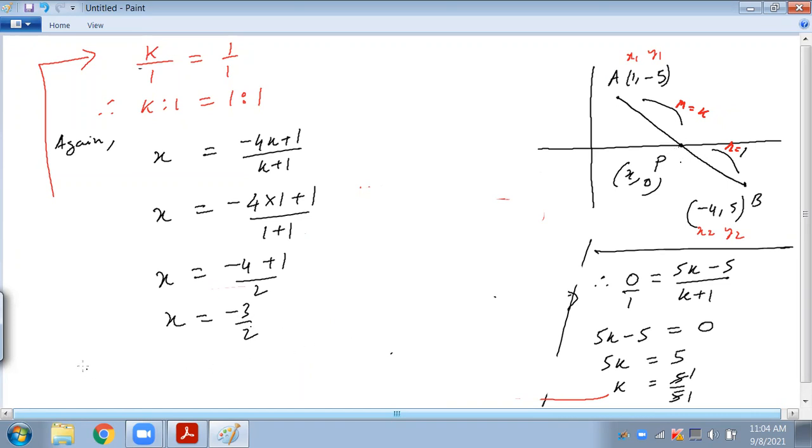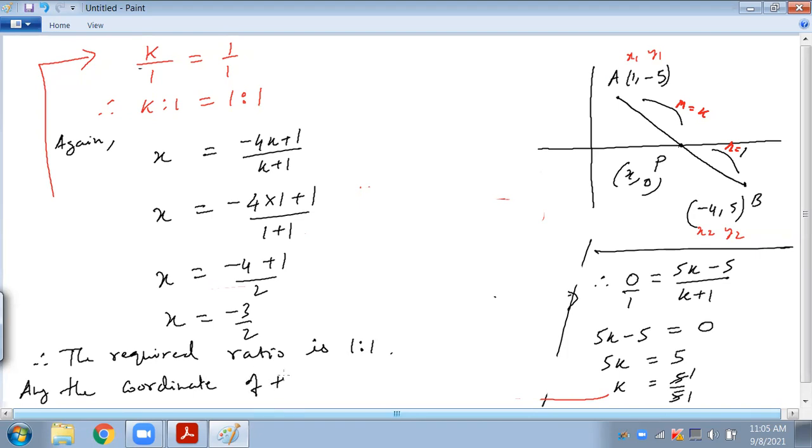Okay, now after finding x, we can directly give the conclusion. Therefore, the required ratio is 1 is to 1, and the coordinate of the point of division is, P was (x, 0), and x we got -3/2.